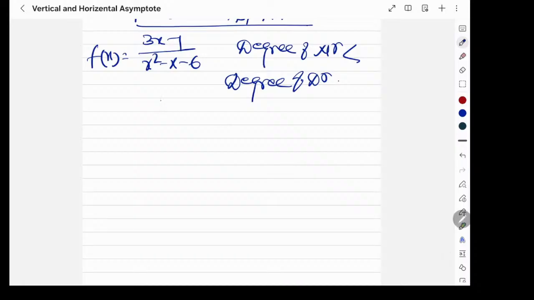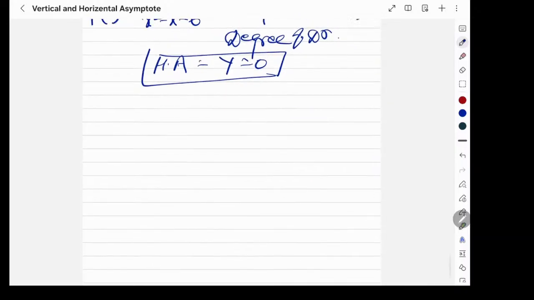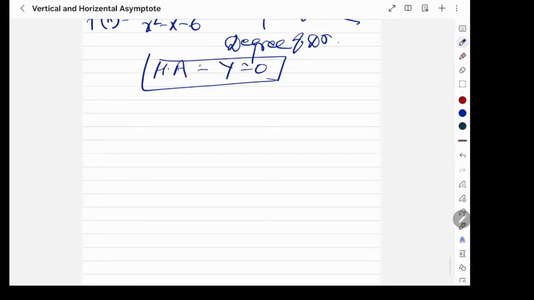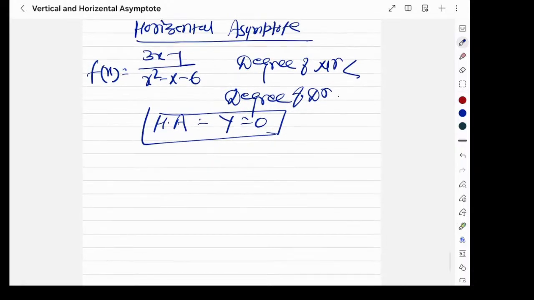So the horizontal asymptote is y equals 0. And then how can we plot this type of graph? This is important. The graph lies between negative 2 and 3, right?